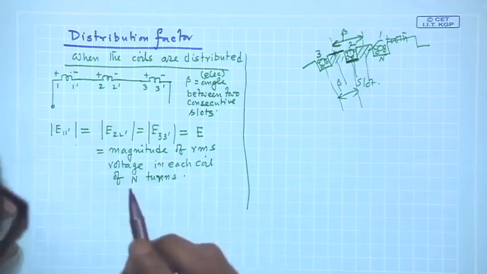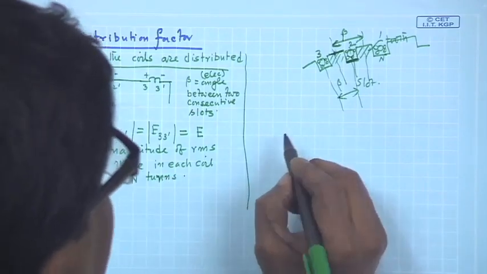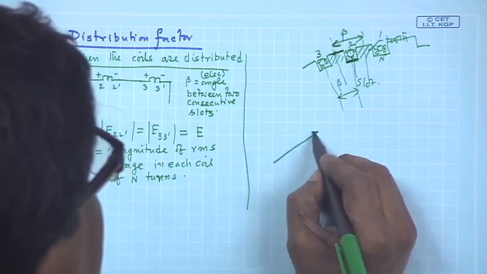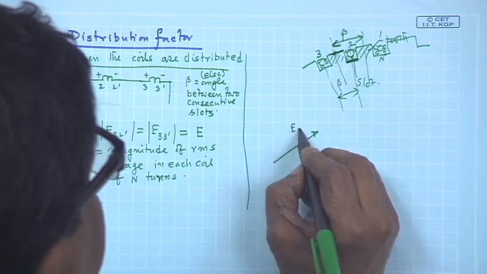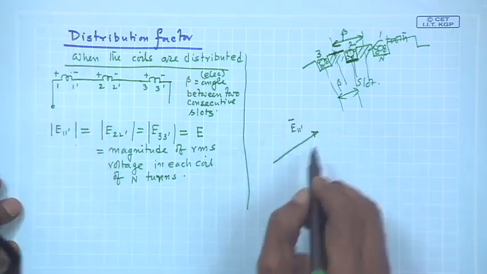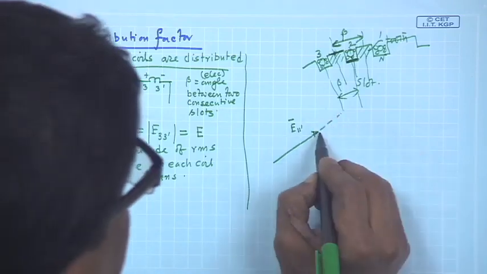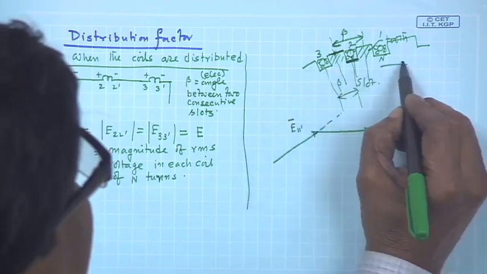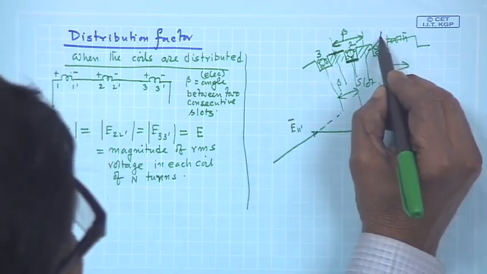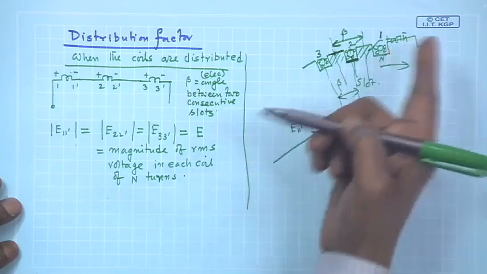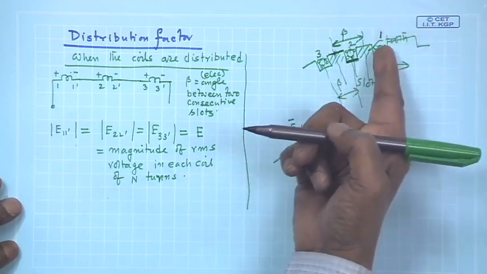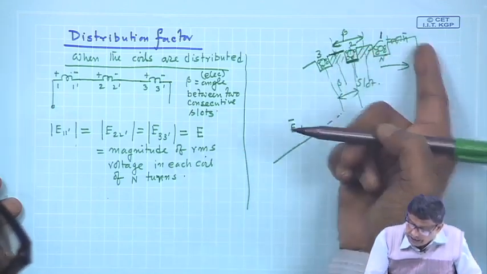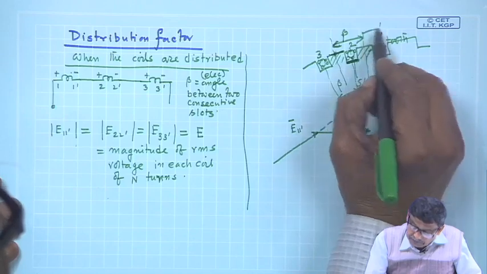When the coils are distributed, I have already seen that if you say that this is E 11 dashed, this phasor, E 22 dashed will be lagging this, assuming the direction of rotation this way, whatever field distribution 1 sees, 2 sees that same field distribution after a movement of beta angle. This is also beta.